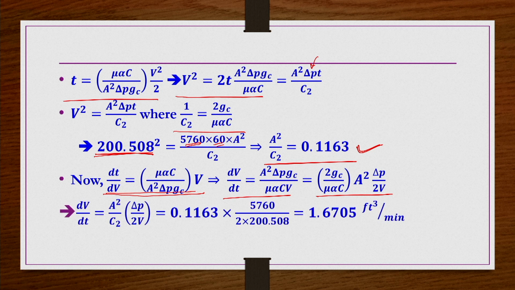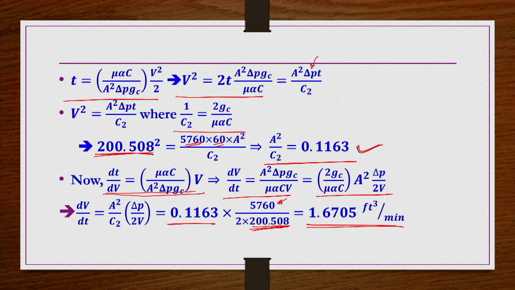So, when you write dV by dt is equal to A square by c2 delta P by 2V, A square by c2 you just calculated as 0.1163, and then delta P is 5760 lb per feet square, and then V is nothing but 200.508. When you substitute all these things, volumetric flow rate you will get 1.6705 feet cube per minute.